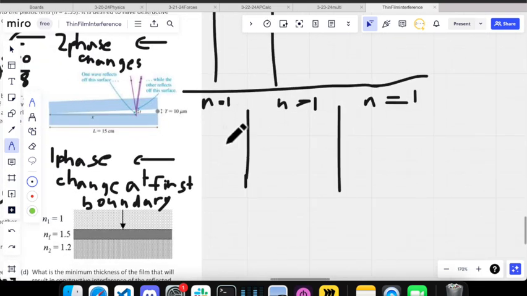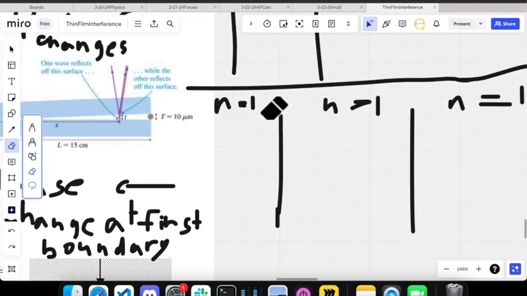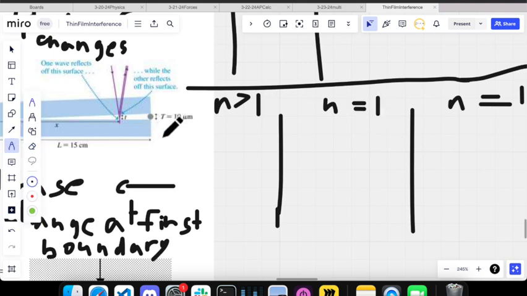We're neglecting the air here. So we're actually starting off with an index greater than 1 in this glass, and we get to an index equal to 1. So this is like the glass 1, I'll call it.